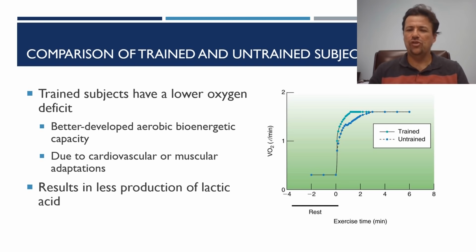Overall, that means you're not as dependent on anaerobic metabolism in the first part of intense exercise, and you also produce less lactic acid, and therefore your oxygen deficit at the beginning of exercise is lower. And that's one of the benefits of, obviously, exercise training over a period of time. And it's an example of the long-term adaptations that I was talking to you about right at the beginning.